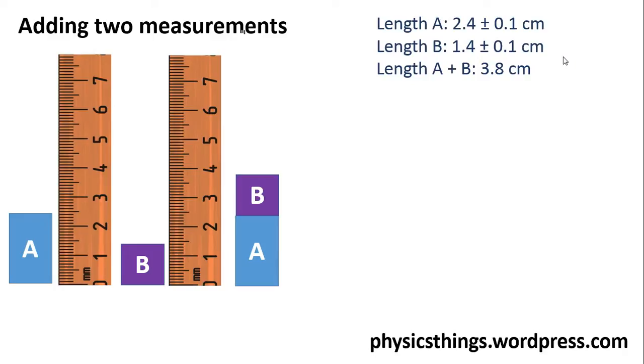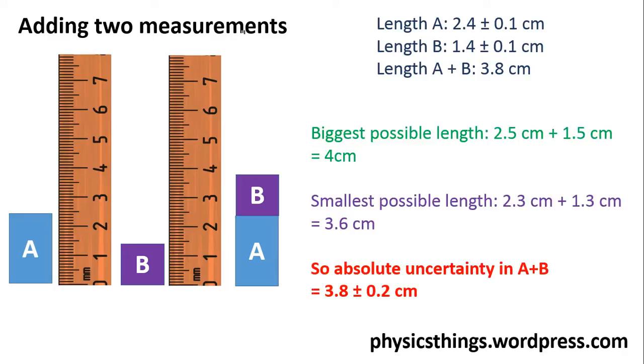Well, to do this, let's think about it this way. The biggest possible length that I could have would be 2.4 plus my 0.1 centimetres, so 2.5 centimetres, plus my 1.4 plus 0.1 centimetres, so plus 1.5 centimetres, which gives me an overall length of 4 centimetres. My smallest possible length, if I take the smallest versions, would be 3.6 centimetres in total.